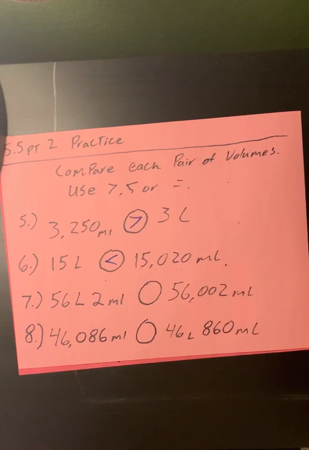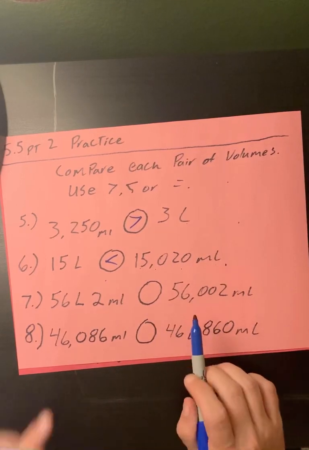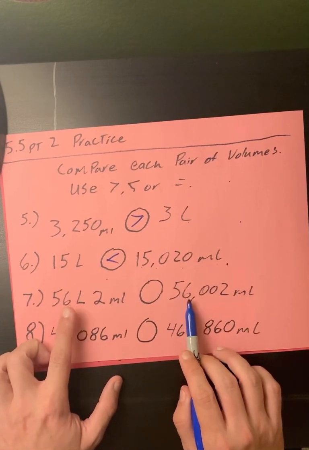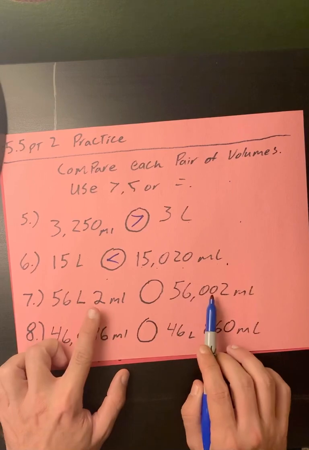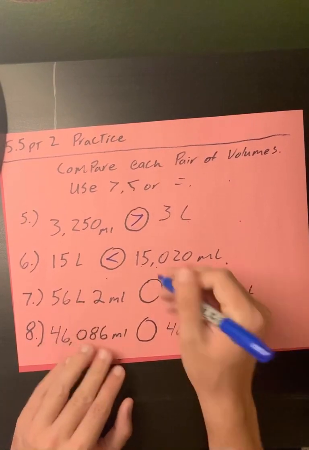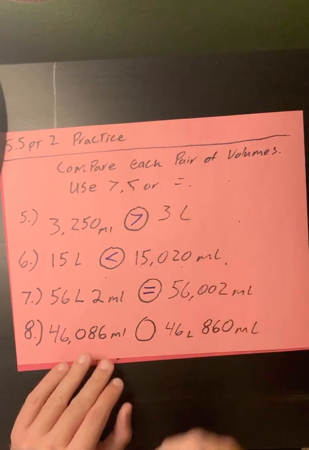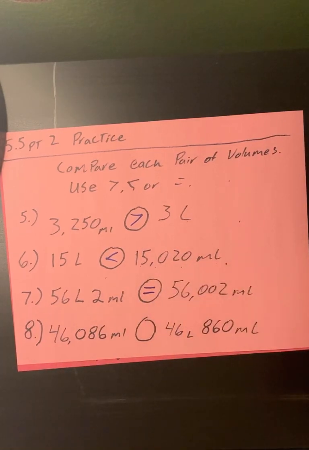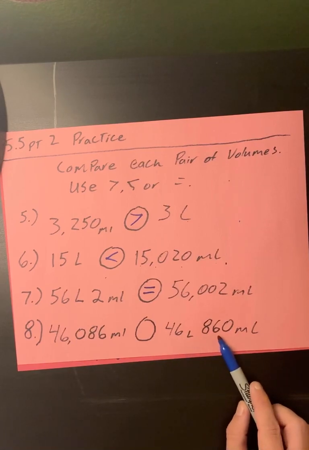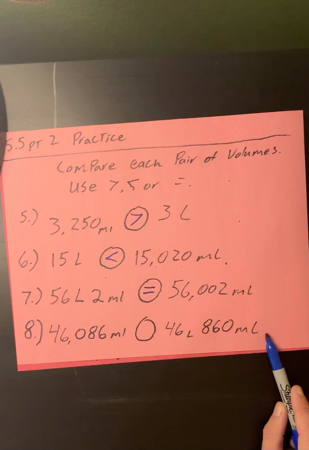Problem number 7, 56 liters and 2 milliliters compared to 56,002 milliliters. Well, they both have 56,000. They both have nothing in their hundreds place or their tens place, and their ones place is still a 2. So these would be equal to each other. And last example problem for today's lesson, 46,086 milliliters compared to 46 liters and 860 milliliters.